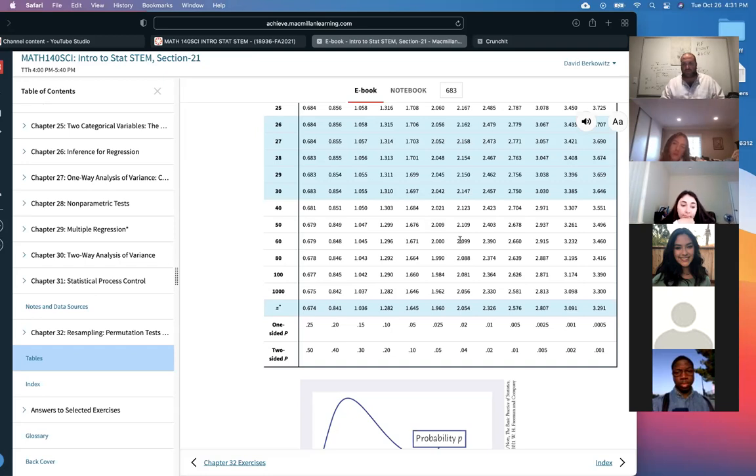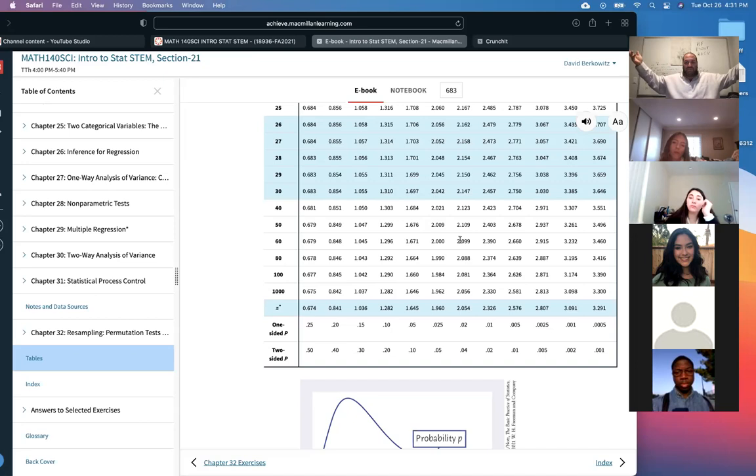Because if you look at those values, they get bigger as I move up a column. And a bigger T star makes a wider confidence interval. And the wider the confidence interval, the more likely it is that we catch it. So we err on the side of caution. By making a fewer degrees of freedom, we make a wider confidence interval.